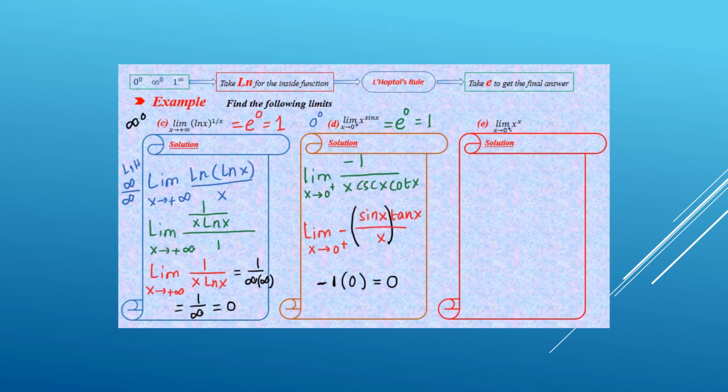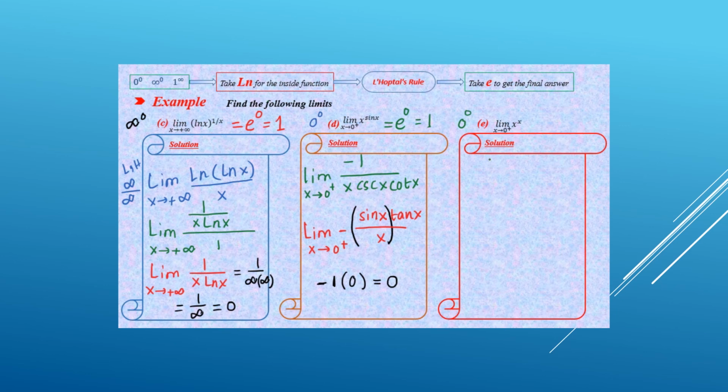In part E, we have the limit of x to the x when x goes to 0 from the right, and by direct substitution we have 0 to the 0. So we have this indeterminate form.